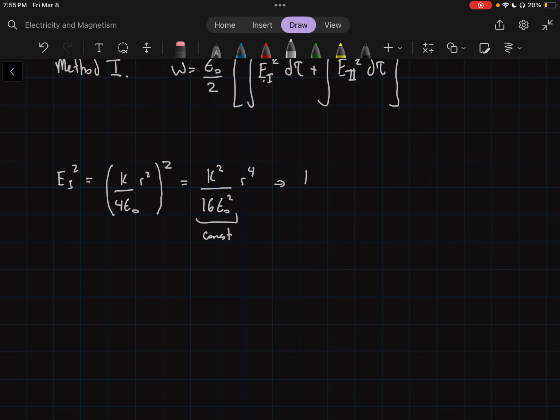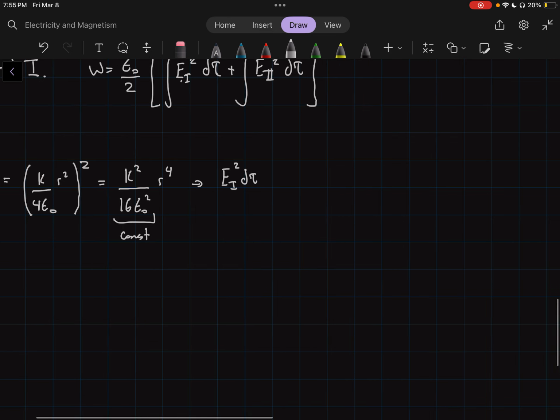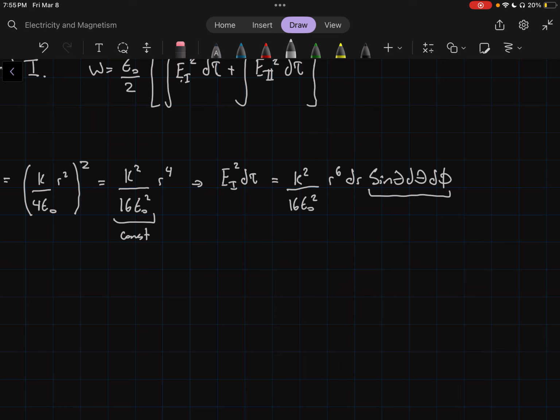So then we can say the magnitude of E1 squared d tau is going to be equal to k squared over 16 epsilon naught squared times r to the sixth sine theta dr d theta d phi. And actually, I'm going to rewrite this just a little bit different. I'm going to say r to the sixth dr sine theta d theta d phi. And we already know that integrating over this is going to give us 4 pi.